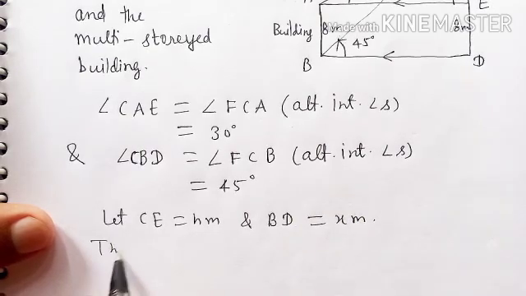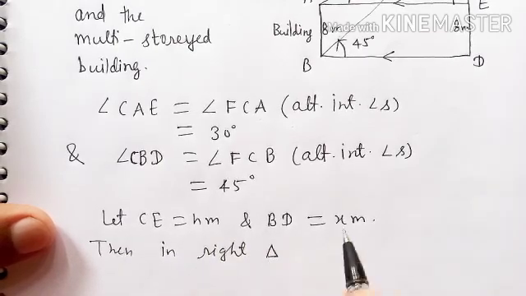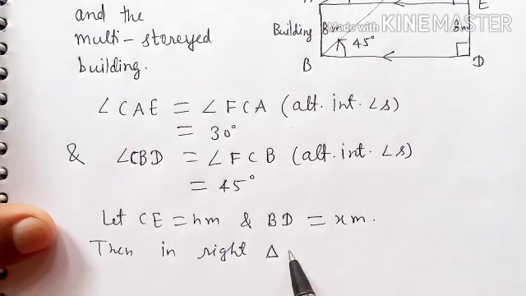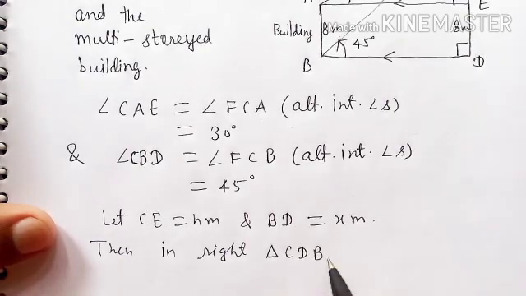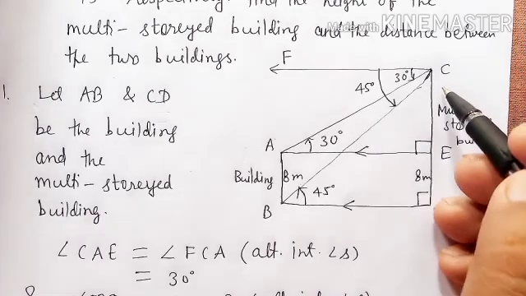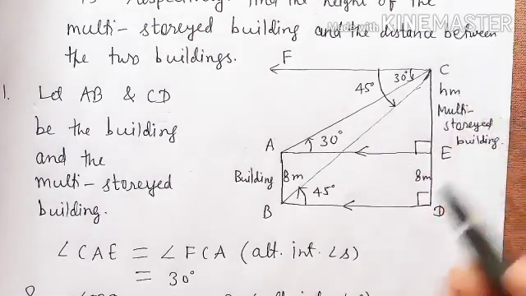Then in right triangle CDB, we have CD by BD. This is h plus 8 meter, this is x meter.